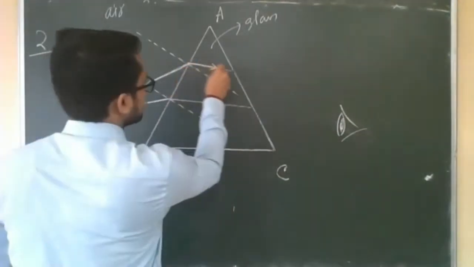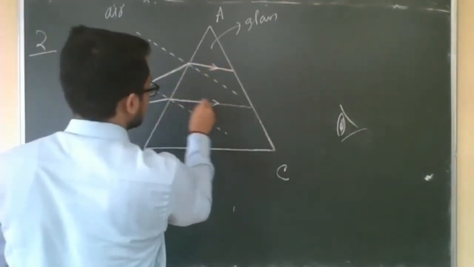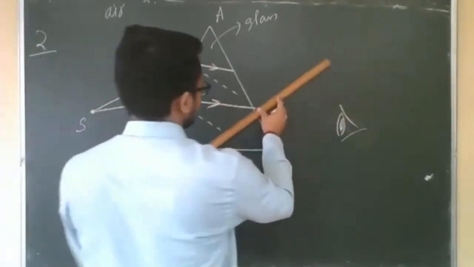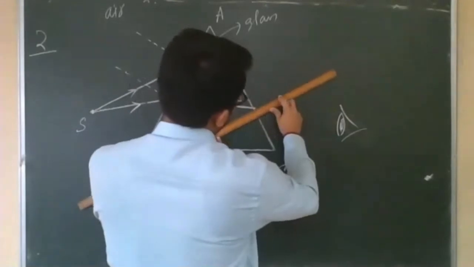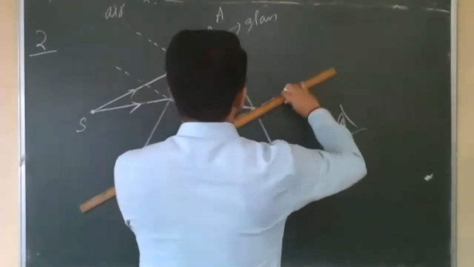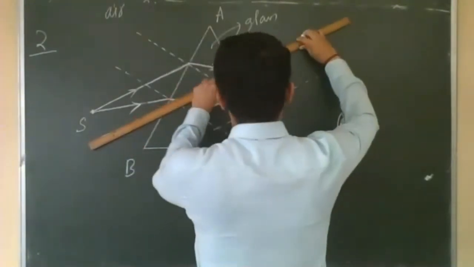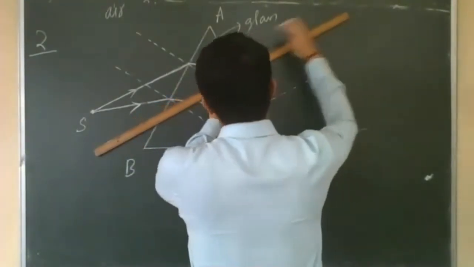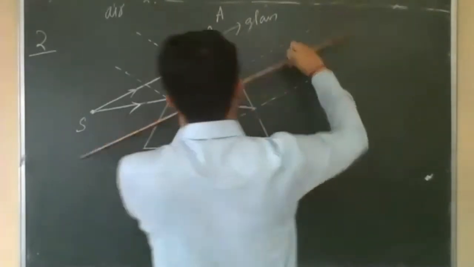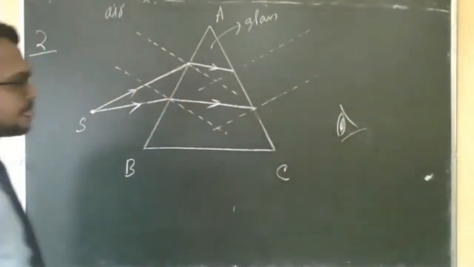Now again draw a normal here, another normal, and here also. In the book, these normals are not given in the answer, but you draw the normals.